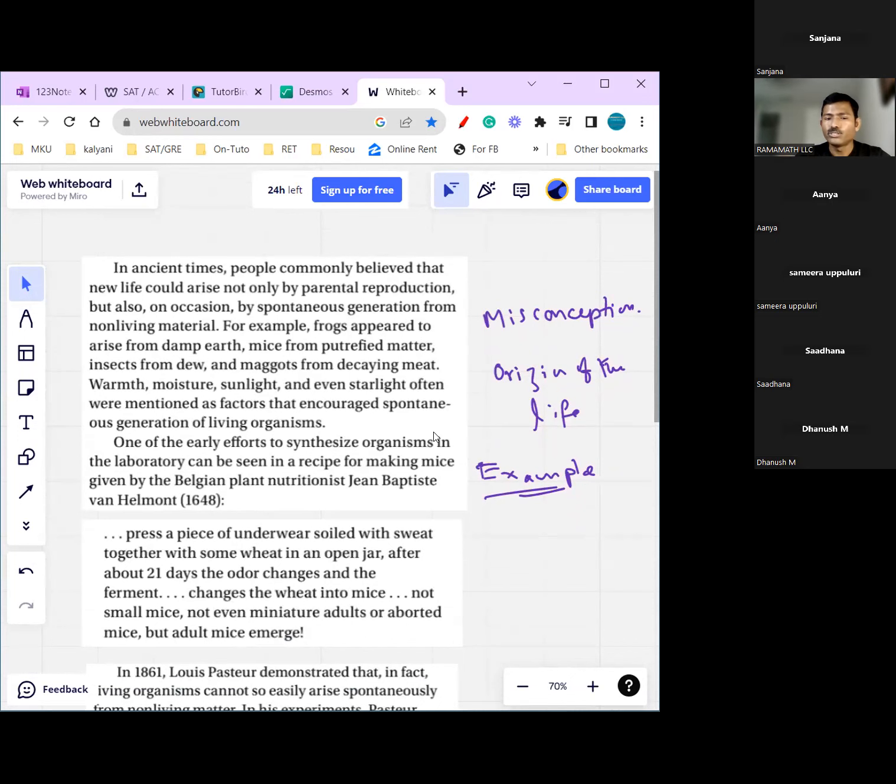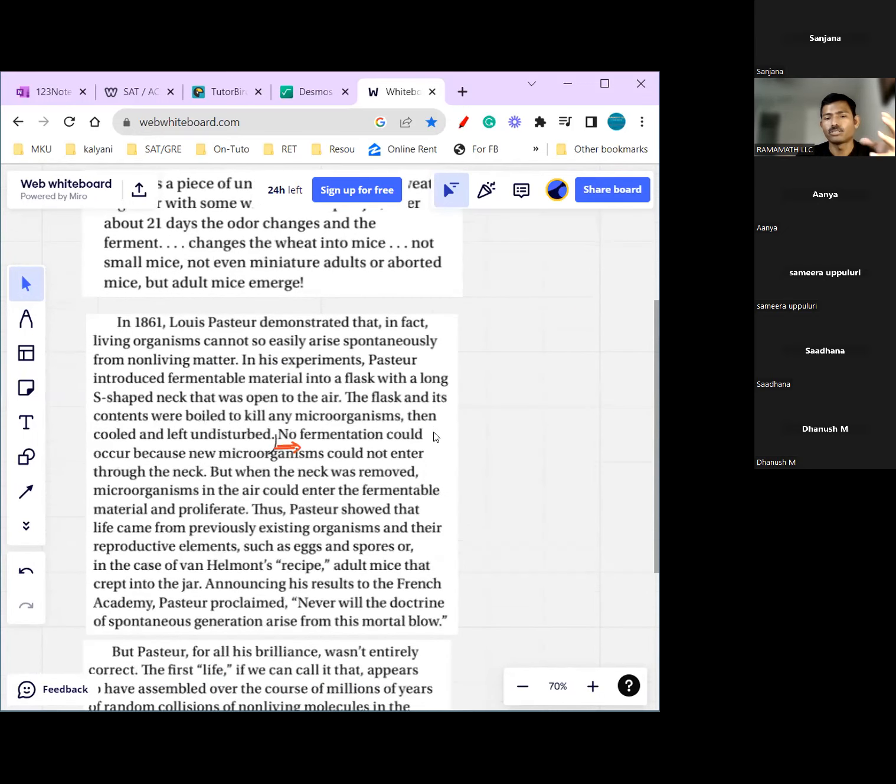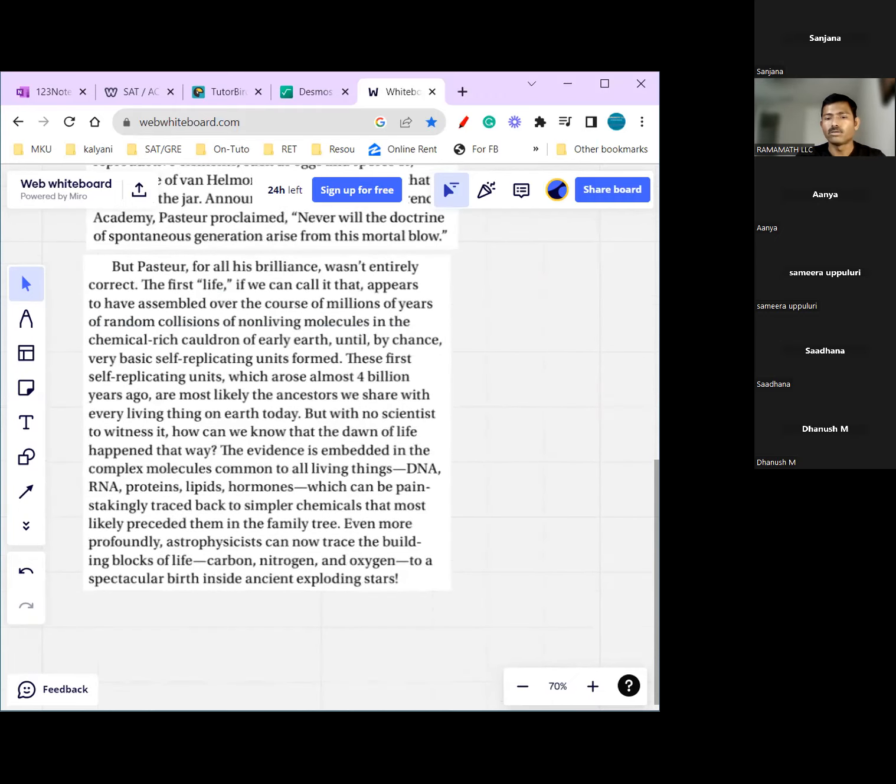But as you go through the passage, the structure changes to the theory of spontaneous generation refuted by clever experiments. Then the passage gives the implications, the rare biogenesis over millions of years. It seems like something that has happened only once, so life is related to that.